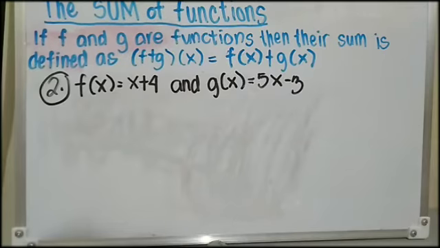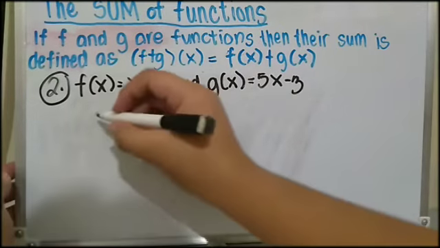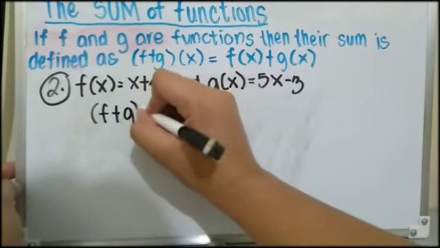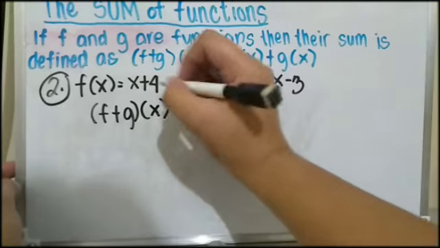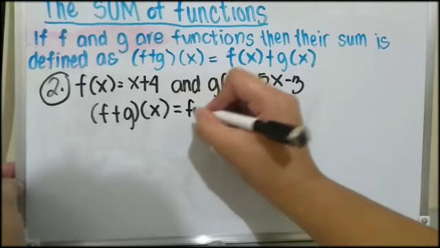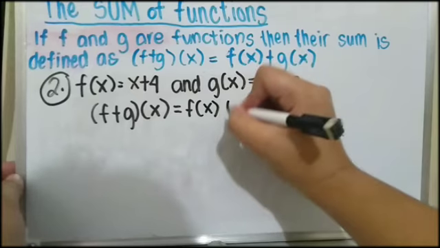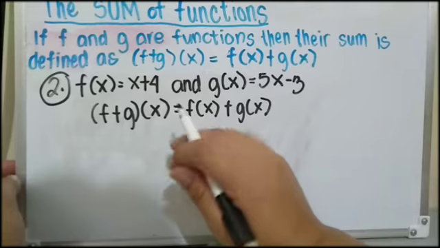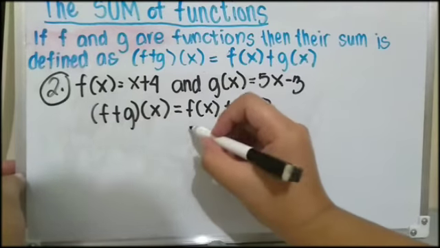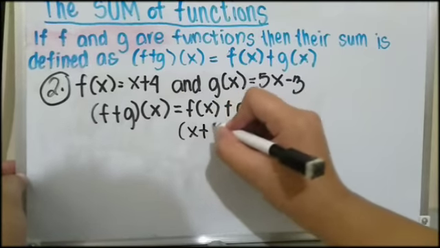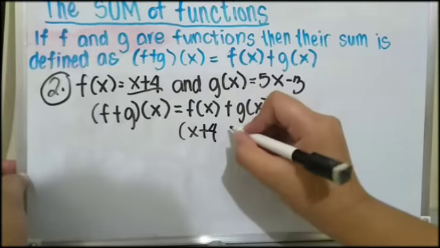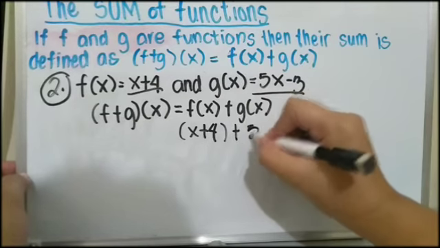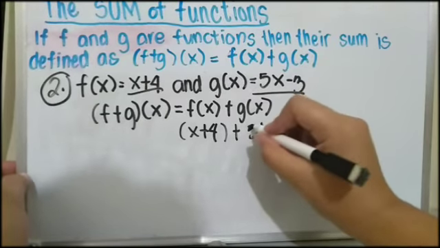And now we will do example number 2. Same as number 1, (f plus g)(x) is equal to f(x) plus g(x). Let's say that the value of f(x) is x plus 4, and the value of g(x) is 5x minus 3.